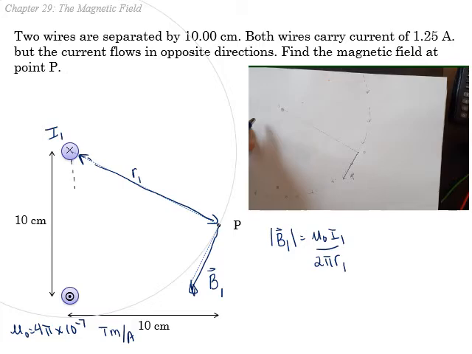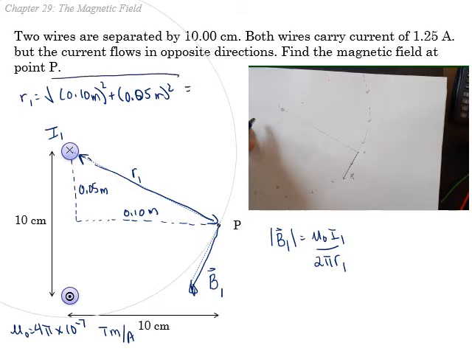You might notice that R1 is the hypotenuse of a right angle triangle. So our horizontal length is 10 centimeters, 0.10 meters. Our vertical length is 5 centimeters, 0.05 meters. So our distance R1 is the square root of 10 centimeters squared plus 5 centimeters squared to give us 0.112 meters or 11.2 centimeters.